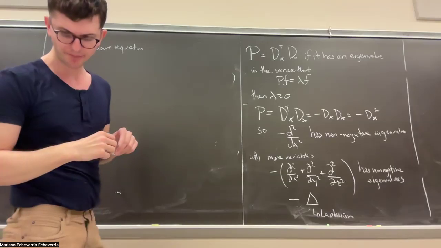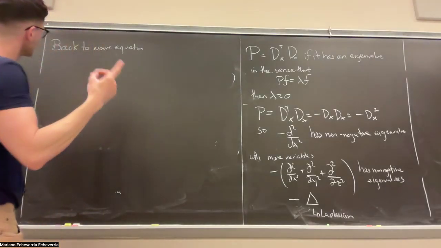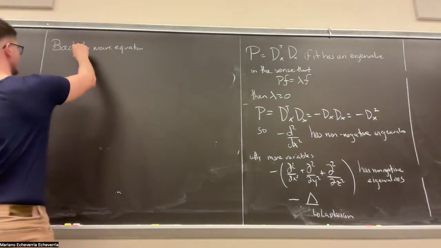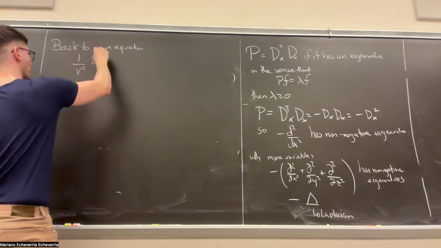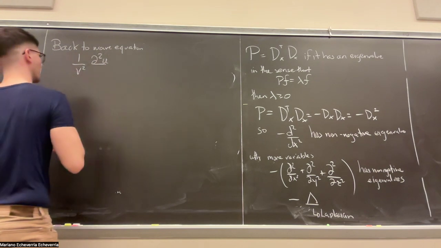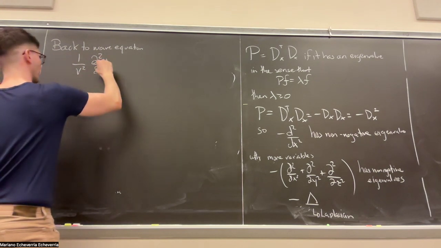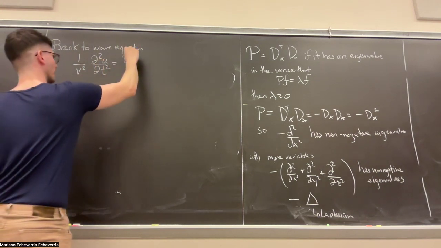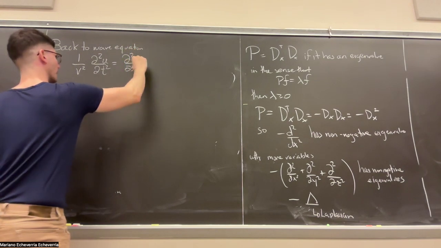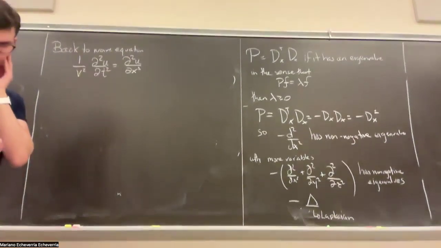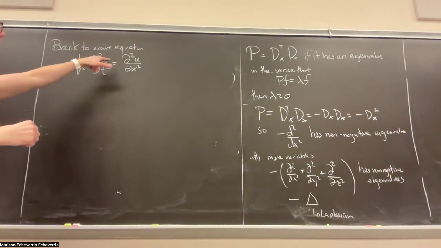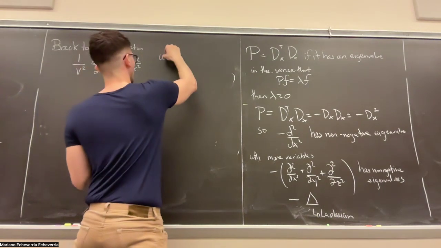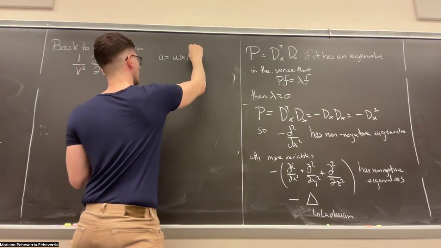And so again, that meant that you're trying to find a solution to this equation. And again, think of U as a function of X and T.